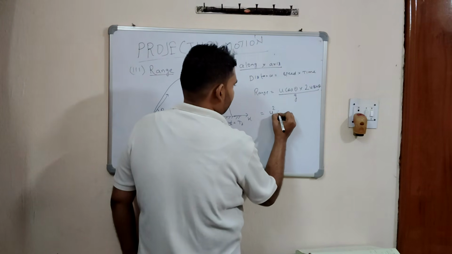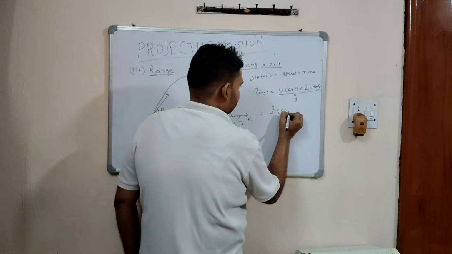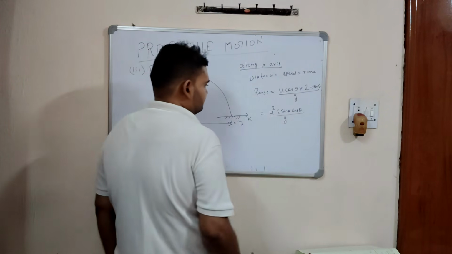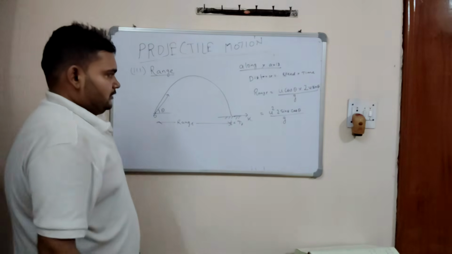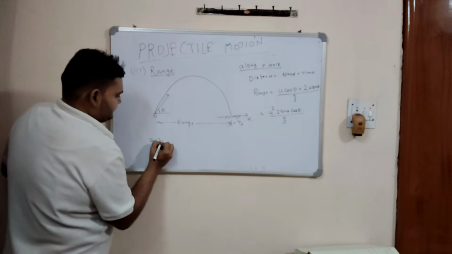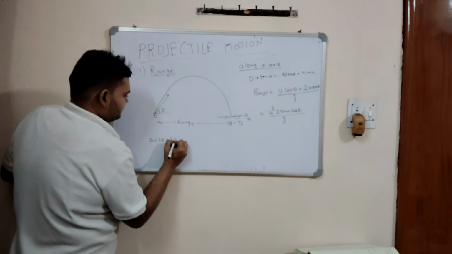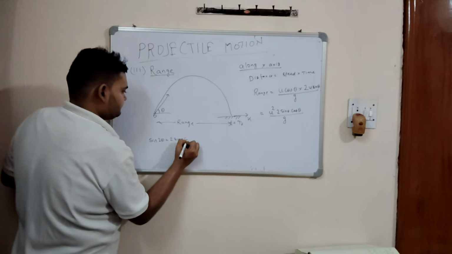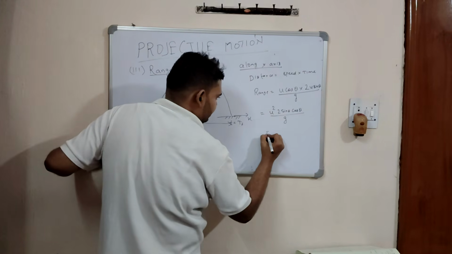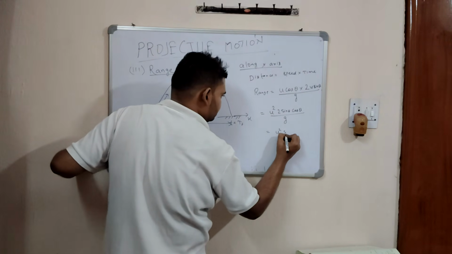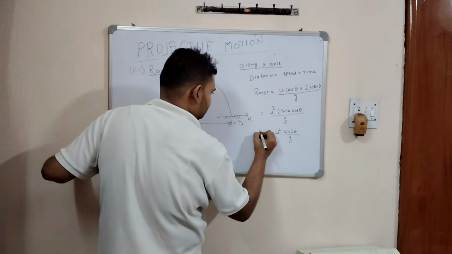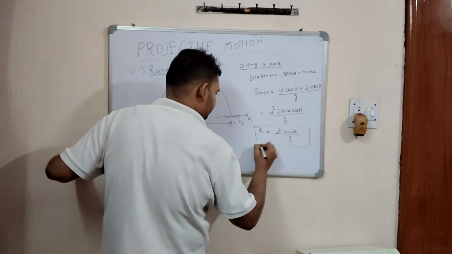You can write here u square 2 sine theta cos theta by g. In trigonometry, you know the formula sine 2 theta is 2 sine theta cos theta. So 2 sine theta cos theta here can be replaced by sine 2 theta. So the range comes like this: u square sine 2 theta by g.